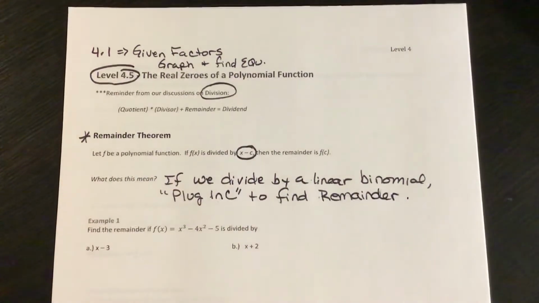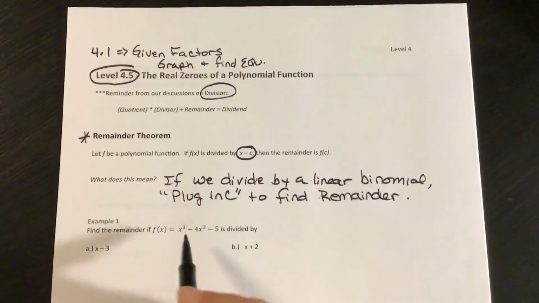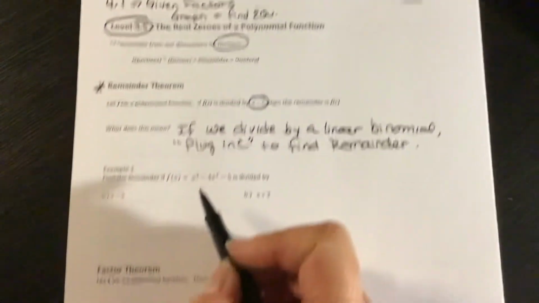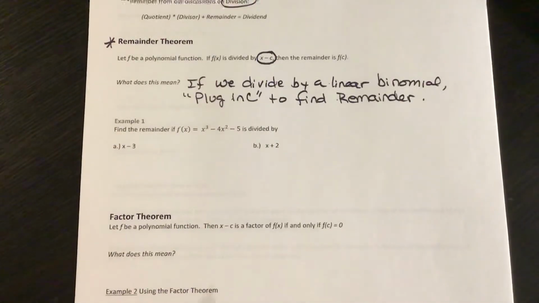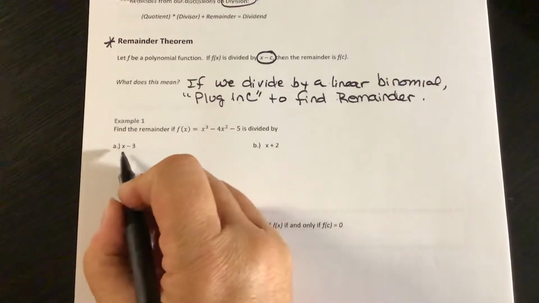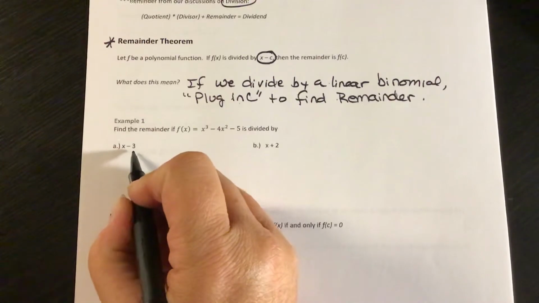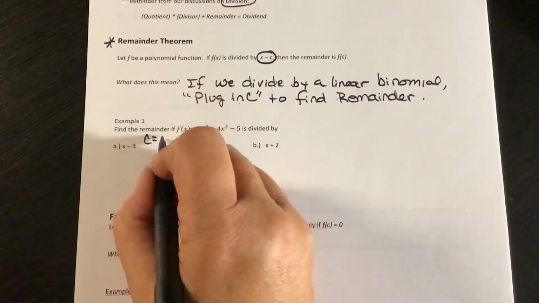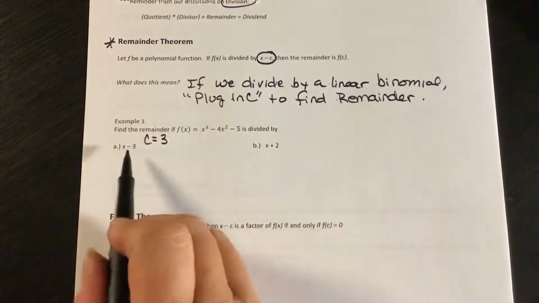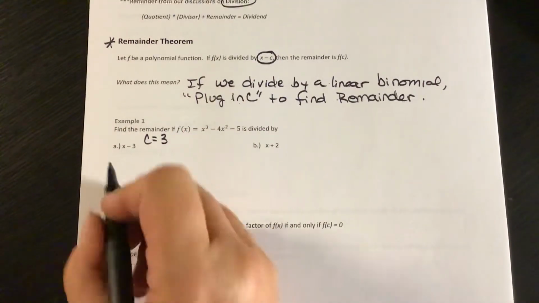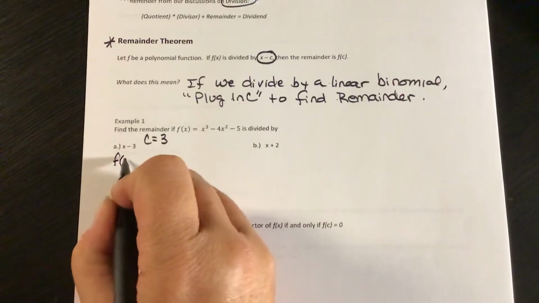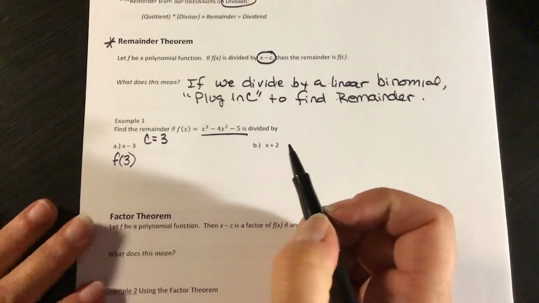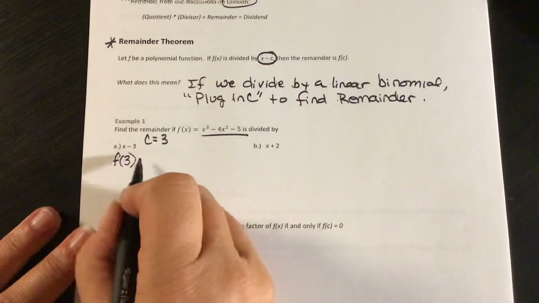All right, so really what this means is if we look at this polynomial function here, our c value is our 0. So our c value is 3, and that's our 0 here. If I find f of 3 in this polynomial function, that will be the remainder.